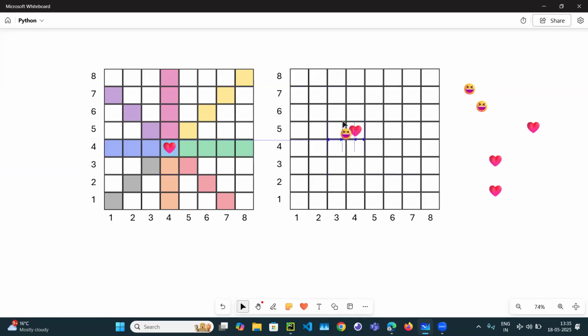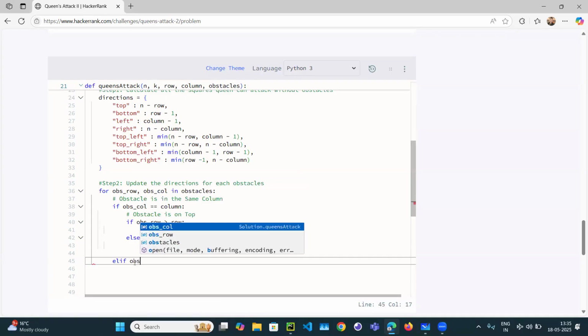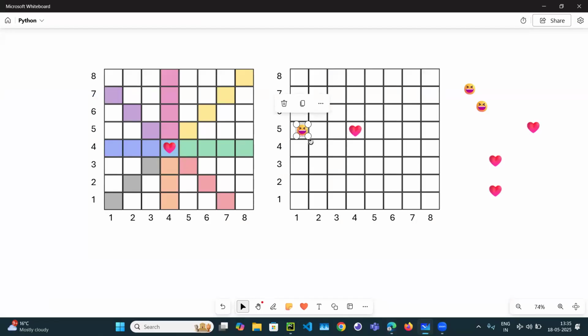Now obstacle can be here as well, which means same row. How are you going to check? If obstacle row equals queen's row, which means obstacle can be here and obstacle can be here.